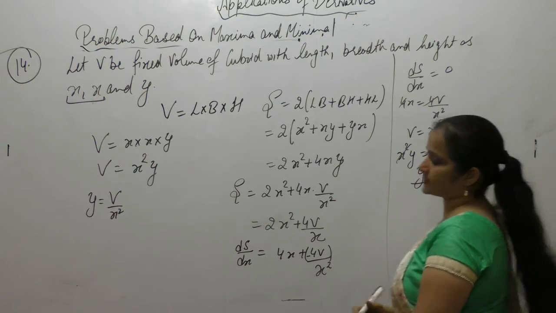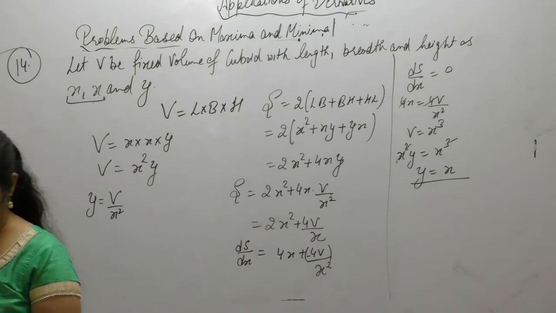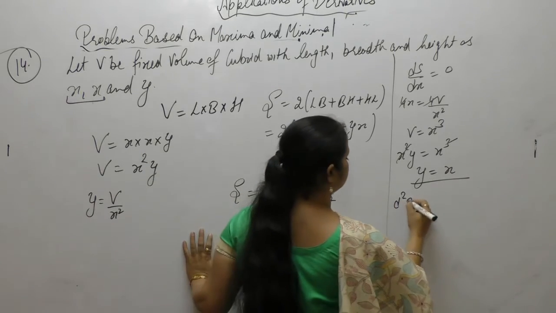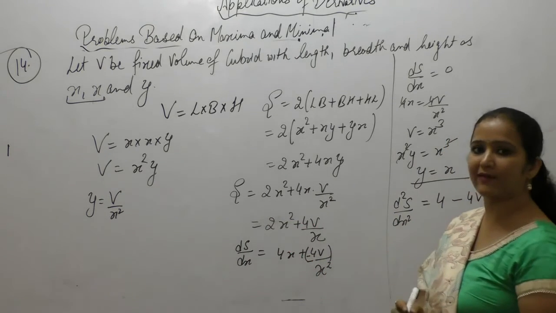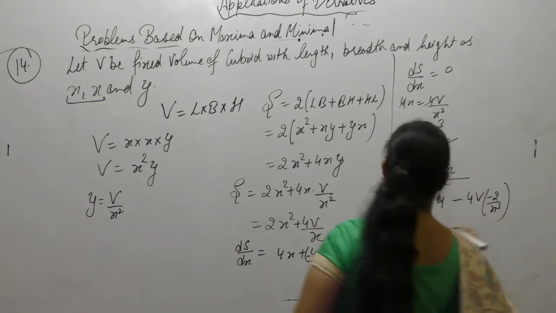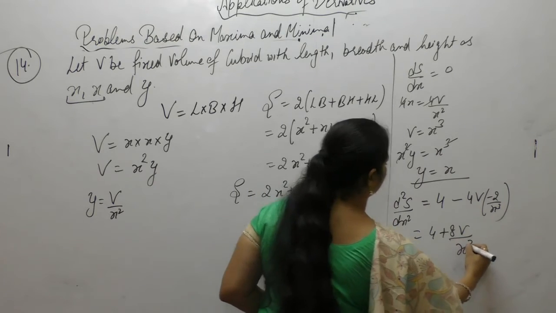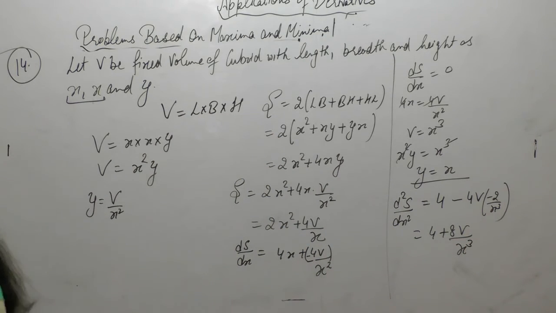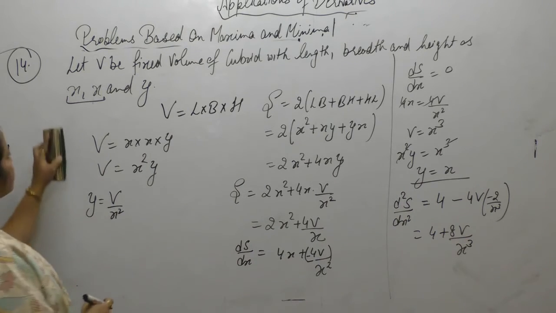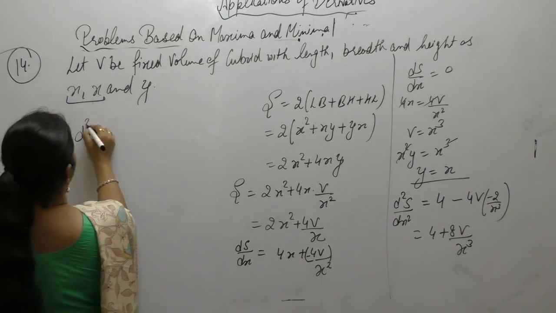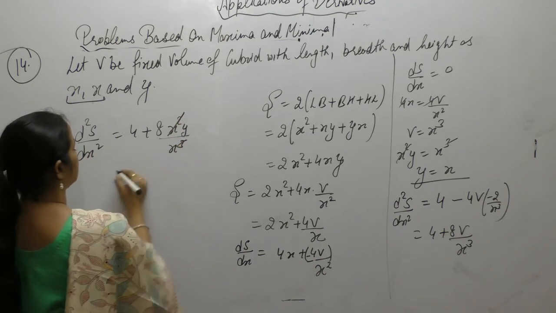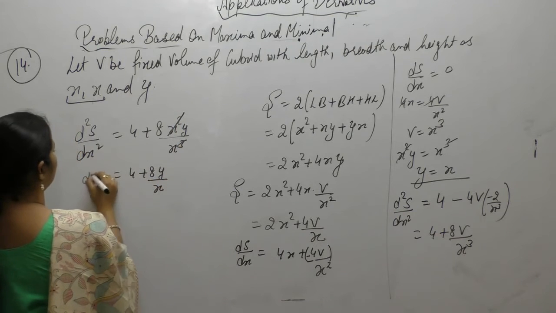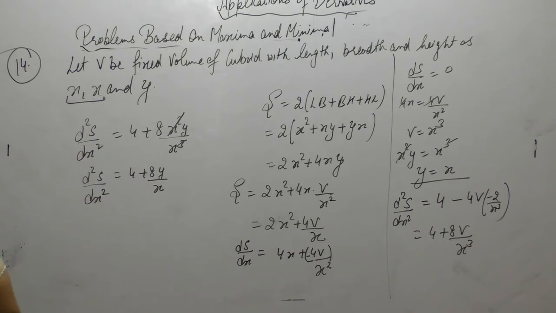equals to x. Height also became equal to length and breadth. Now find the second derivative. Derivative of 4x minus 4V, derivative of x power minus 2 upon x cube. So 4 plus 8V upon x cube. So we get d square S upon dx square, 4 plus 8V, V is x square y, so 4 plus 8y upon x.